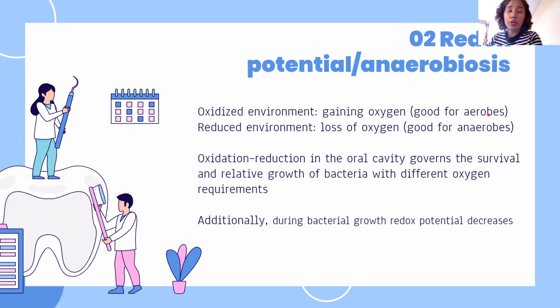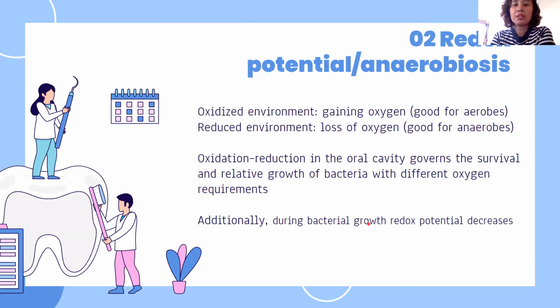This is good for aerobes. Yan, kasi they love oxygen, di ba? However, bad for anaerobes. Reduced environment wherein there is loss of oxygen or gaining electrons. These are good for anaerobes. Okay? So, oxidation and reduction in the oral cavity governs the survival and growth of the bacteria with different oxygen requirements. So pag oxidized environment, the aerobes love it, but the anaerobes hate it, and so on.